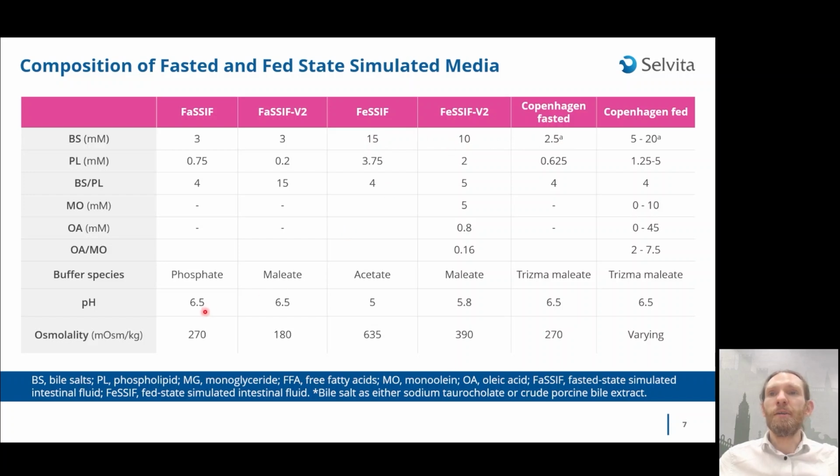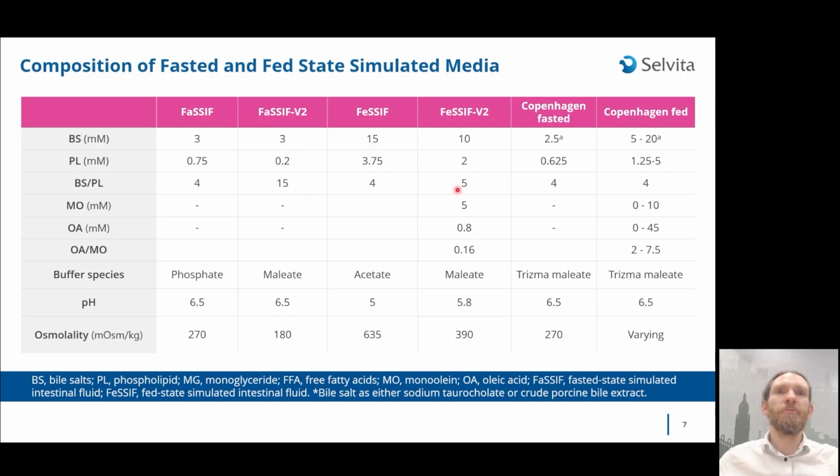They differ in the pH: FaSSIF 1 and 2, 6.5; FeSSIF more acidic, 5 and 5.8; and Copenhagen is the same, 6.5. The difference is visible also in the concentration and ratio between concentrations of bile salts and phospholipids, with FaSSIF version 2 having a higher ratio.